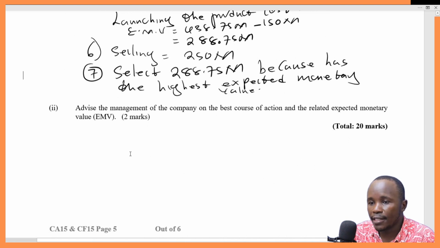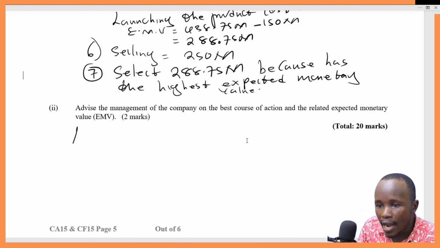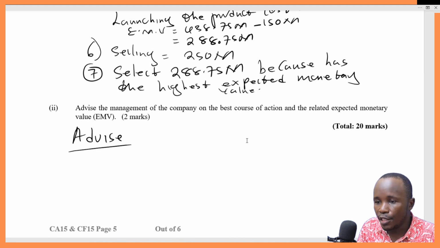Part 2, you are asked to advise the management of the company on the best course of action and the related expected monetary value. So already we have found that our advice is launch the product.